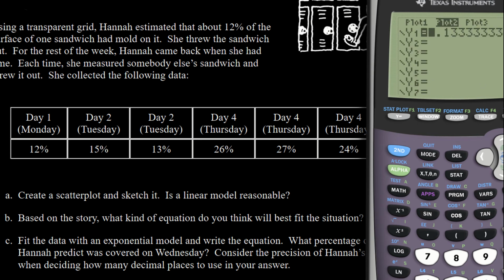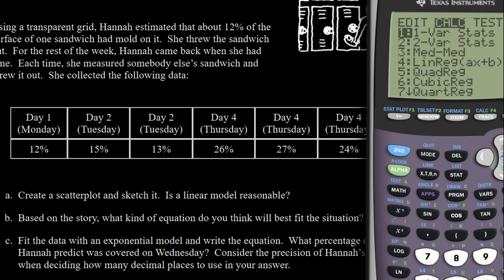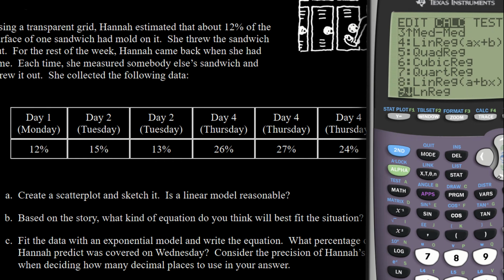So I'm going to clear this, and then I'm going to go back into stats and calc, and instead of doing a linear regression right here, I'm going to do a... not quartic, not cubic, not quadratic... natural log, exponential.